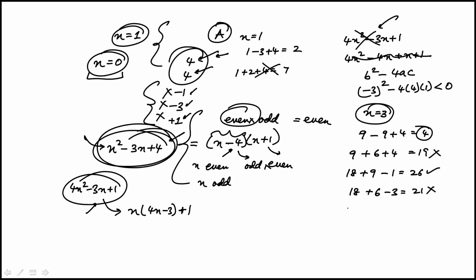And then 36 minus 9 plus 1, that's 28, so that doesn't eliminate it. So then I'll have to try other values, and so on and so forth.